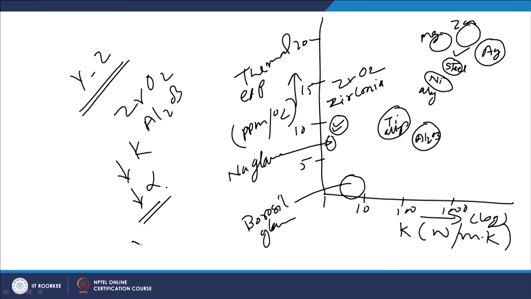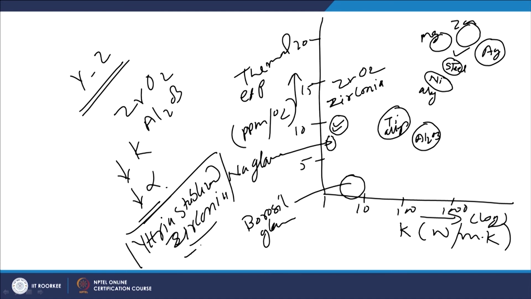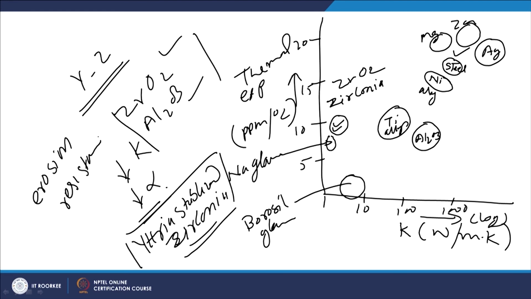So, yttria stabilized zirconia is the commonly used TBC material. A mixture of zirconia and alumina is also used as a TBC material for erosion resistant applications.